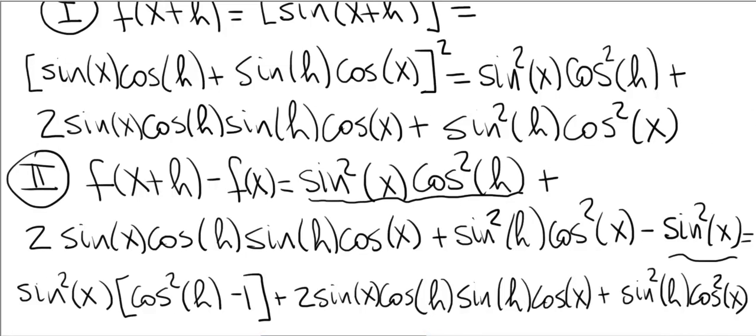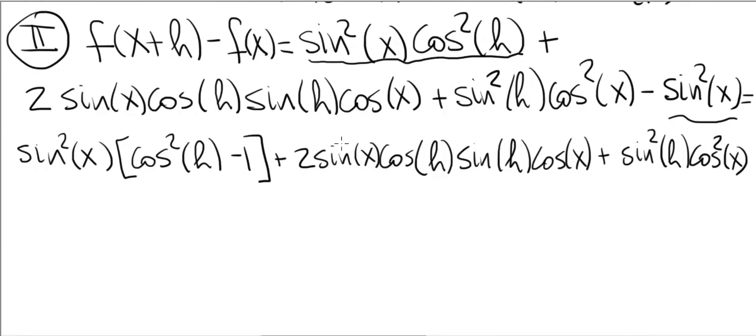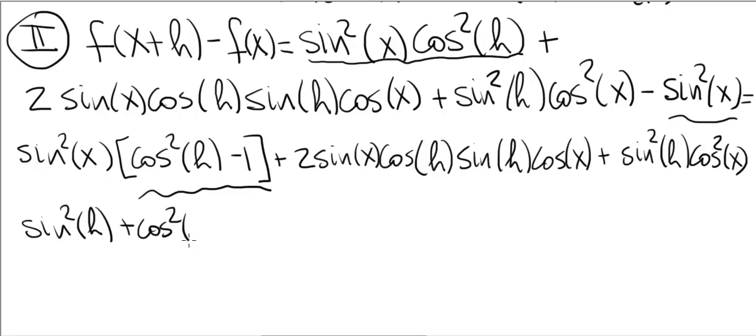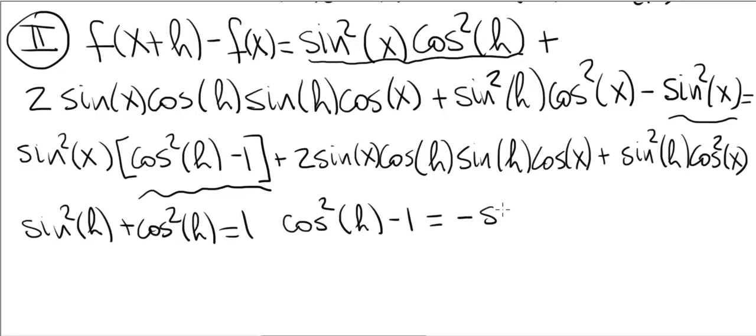Notice that we have cosine squared of h minus 1 here. So that's sine squared of h plus cosine squared of h, which of course is equal to 1. Solving for cosine squared of h minus 1, we get negative sine squared of h. So we'll replace this cosine squared h minus 1 with negative sine squared of h.